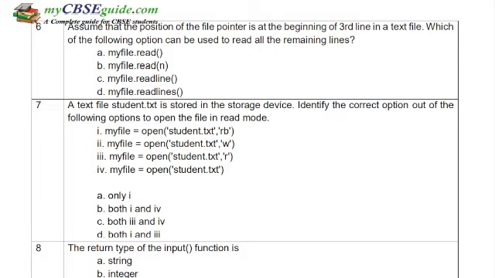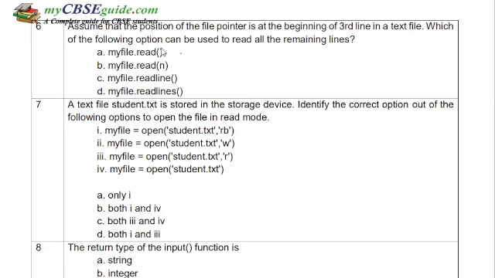Then assume that the file pointer is at the beginning of the third line of a text file. Which of the following options can be used to read all the remaining lines? So it will be myfile.read(). It is not, it will not read only the remaining lines, it will read all the lines.